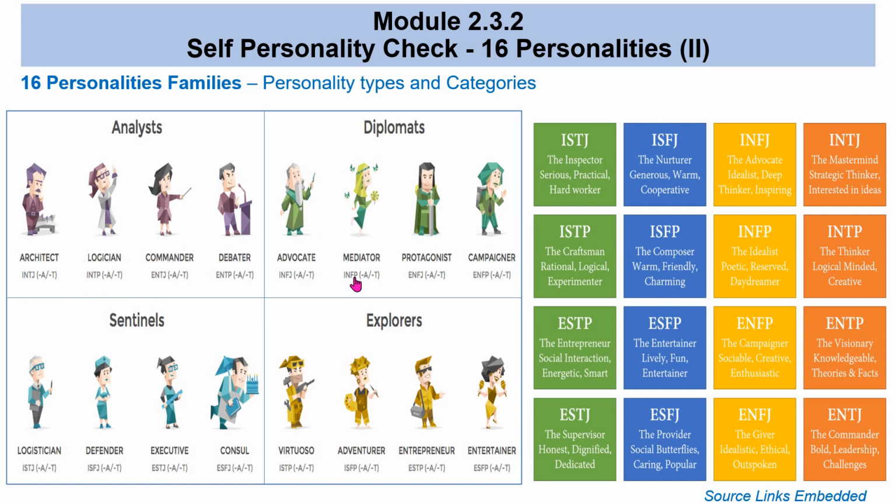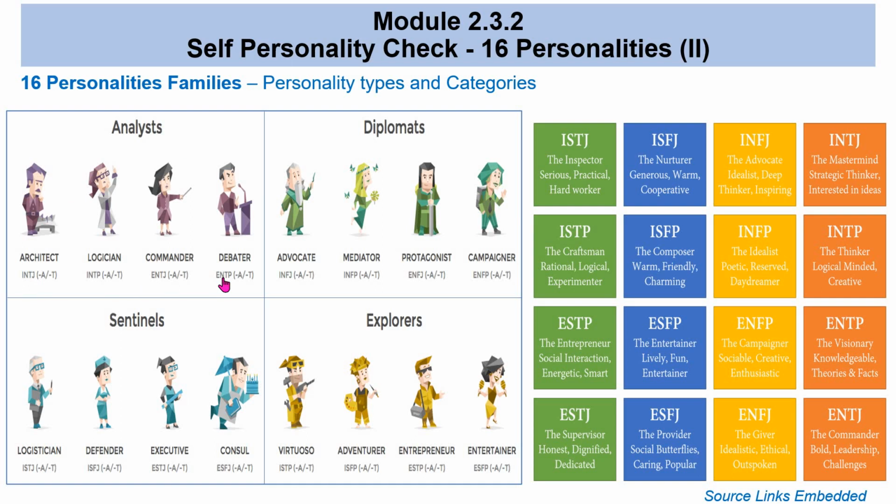You can look at the different types of personalities, and they split the 16 personalities into 4 groups or categories. There are people who are analysts, and I think the major feature here for them is that they are mostly thinkers. One thing that is common among analysts is that they are thinkers.